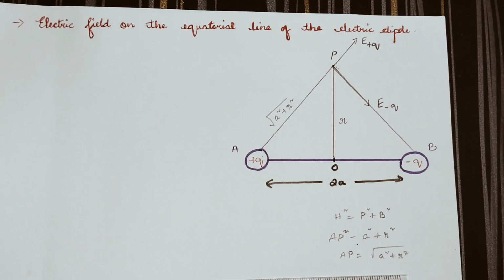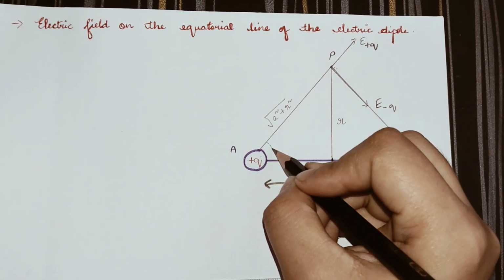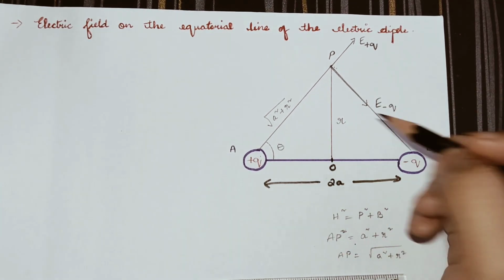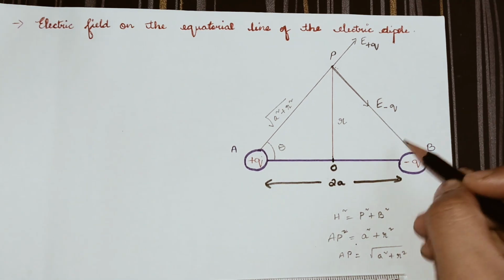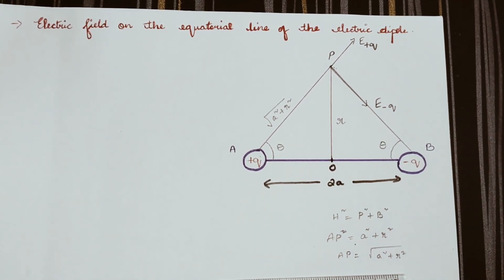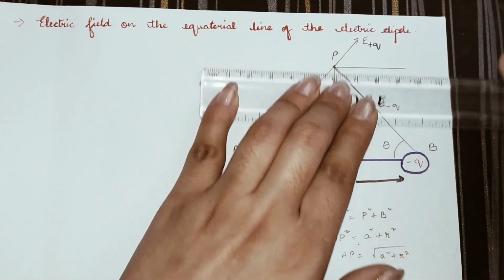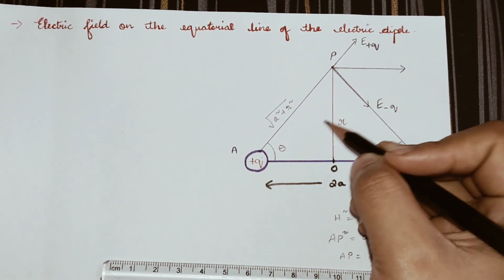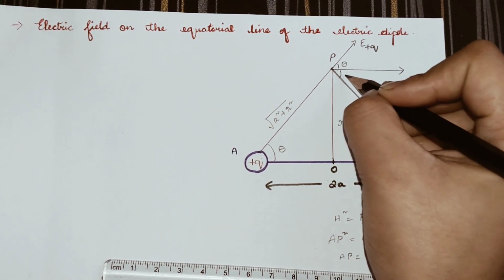Now we will find the magnitude of these two fields. Let us assume that this angle is theta, and since the sides of this triangle are equal, this is an isosceles triangle, so the other angle will also be theta. Now if we draw a component here, because of alternate interior angles, this will also be theta.